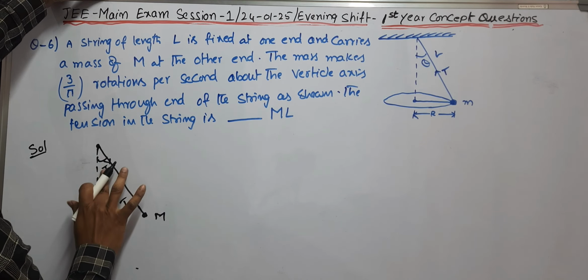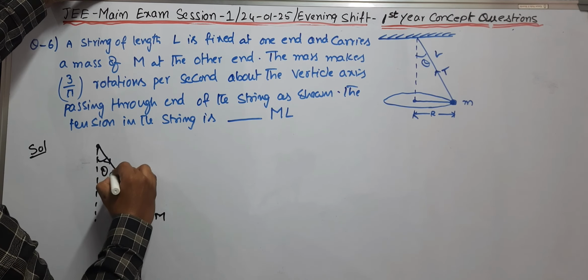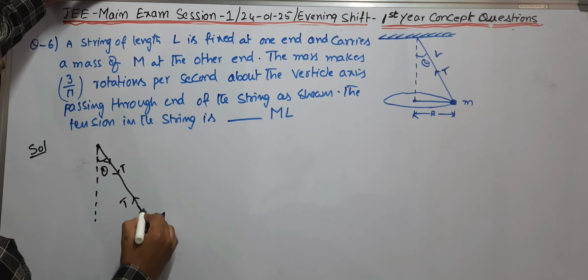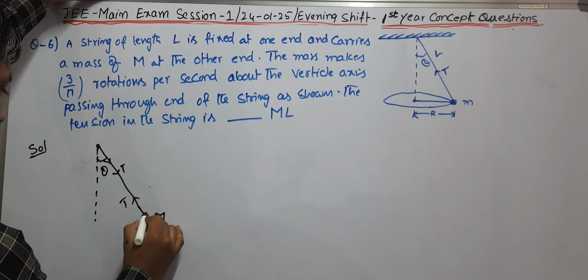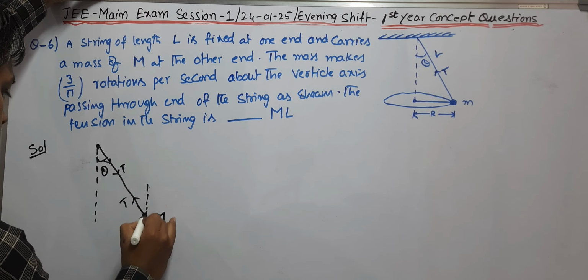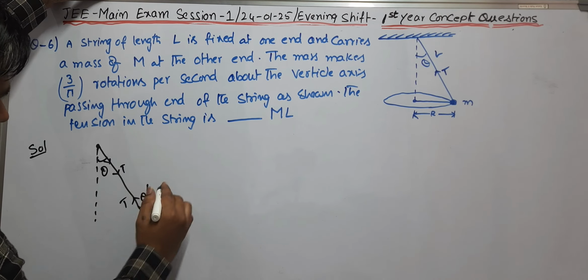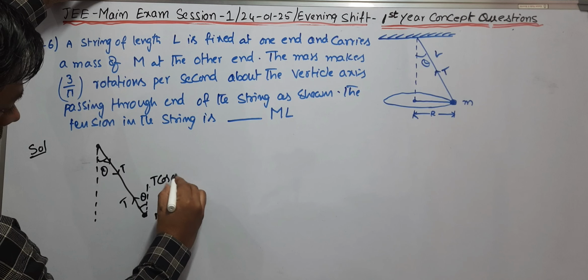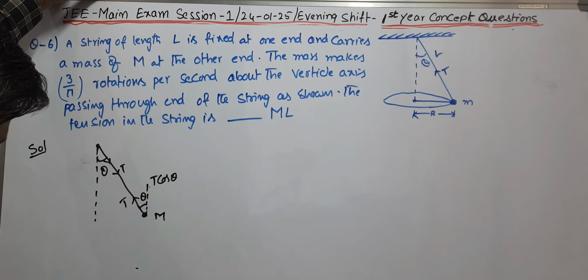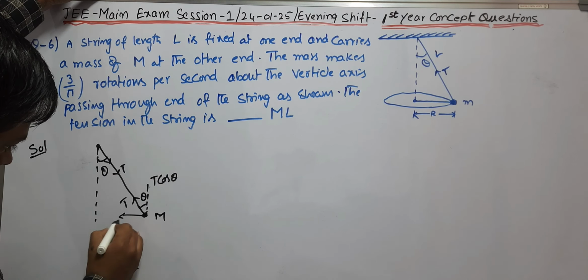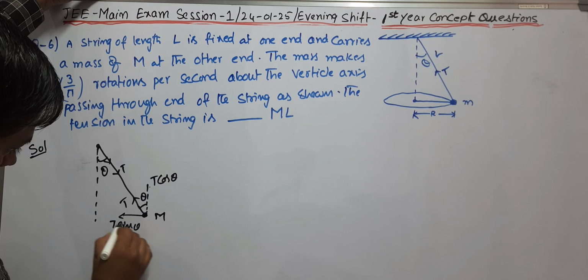It makes an angle, say theta. Similarly, the weight, that means gravity, is vertically downward, which is balanced by resolving the tension into two components. This is T cos theta, isn't it? And this is T sin theta.